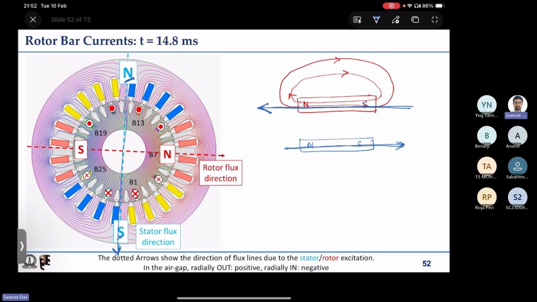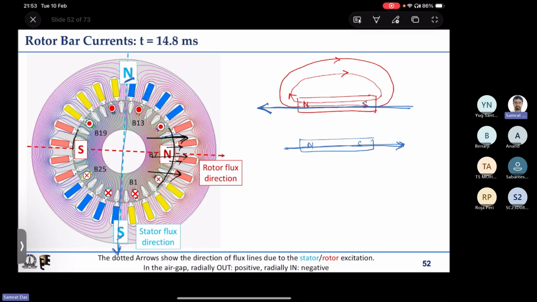Now for the rotor, we have understood the rotor currents, and from that we have understood the rotor flux direction. If we have understood the rotor flux direction, then we have understood the polarities, that is which one is north and which one is south. Just to reiterate, this is dot, so flux will be in this direction. On the rotor surface on this side, the flux is coming out radially, so this side has to be the north pole.